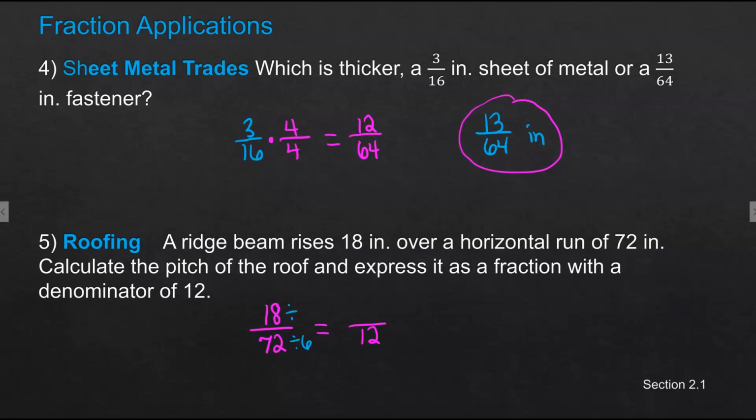And that means we divide the 18 by 6, which gives me 3. And so that's actually my number, right? It has a rise of 3 for a horizontal run of 12. And on this one, if you label it with inches for both of these, then you don't end up with any labels. So just 3 over 12 is all that you would need on that.